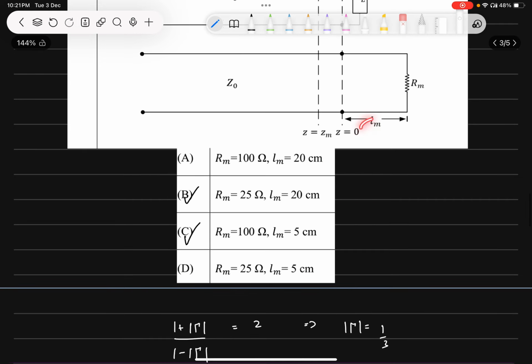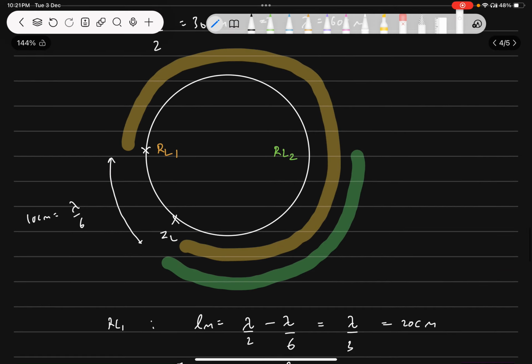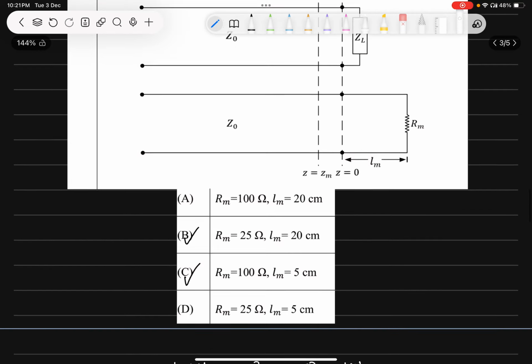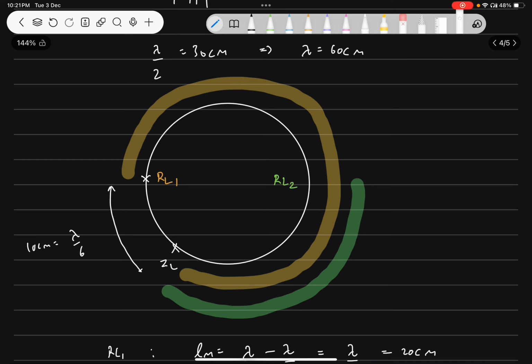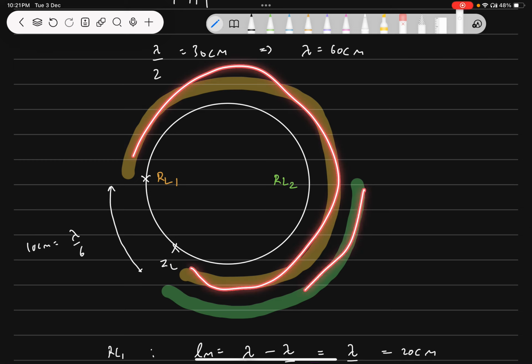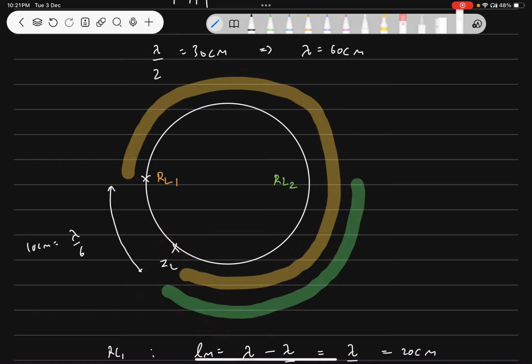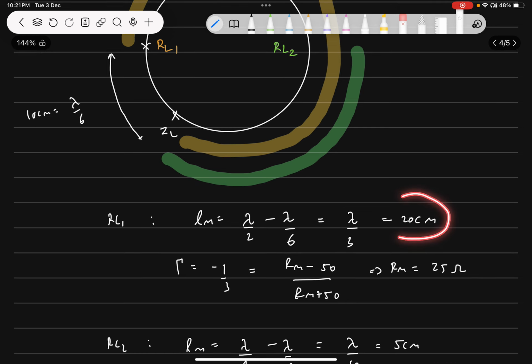What should be the length at which we should place it? That is found using the fact that ZL lies here and it takes lambda by 6 to go to this point. If you consider being here or here at this point for Rm, we need to travel the two distances shown, this in yellow or this in green, to reach this point. For RL1, we travel lambda over 2 minus lambda over 6, which comes out to be 20 centimeters.